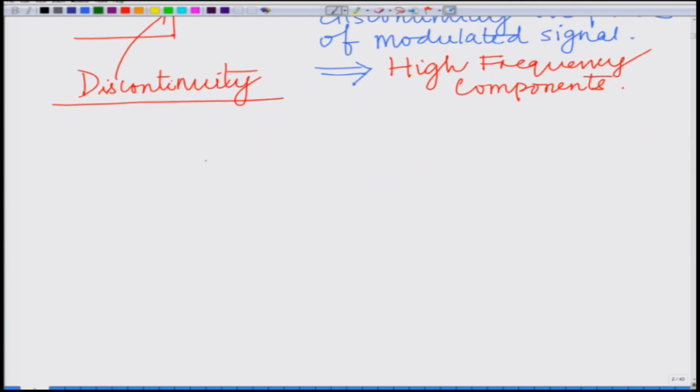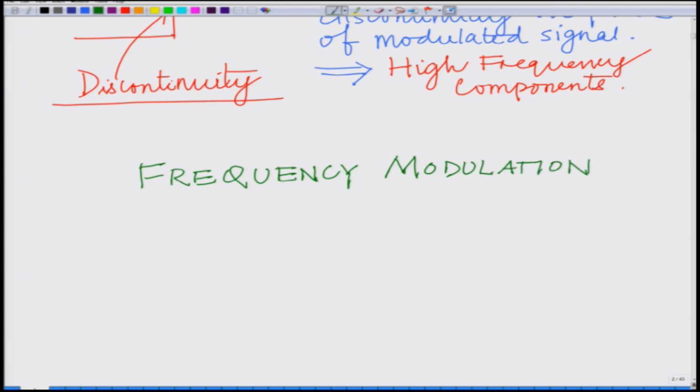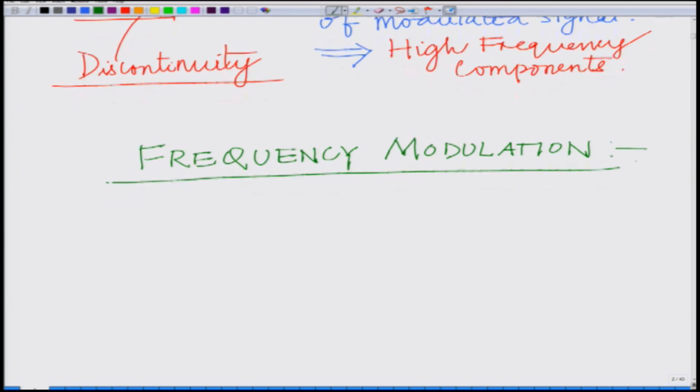So, let us now come to frequency modulation.